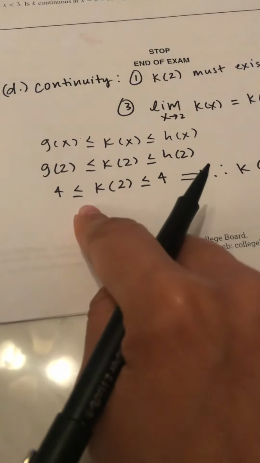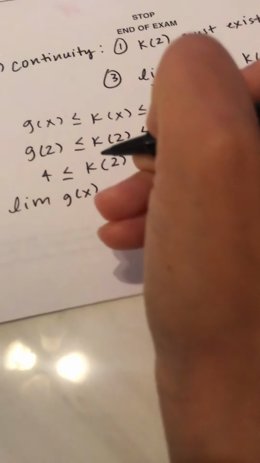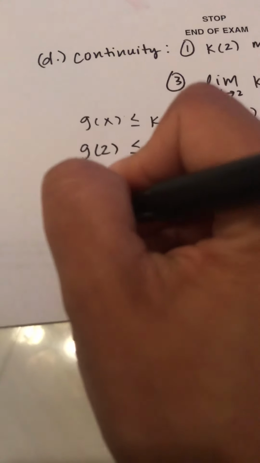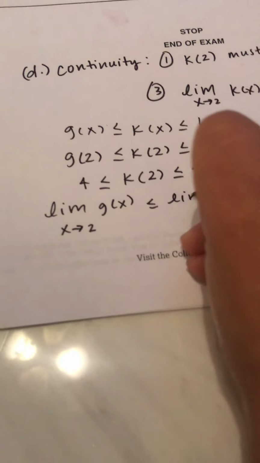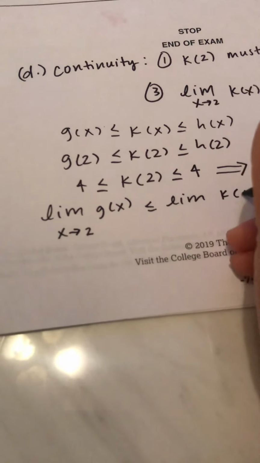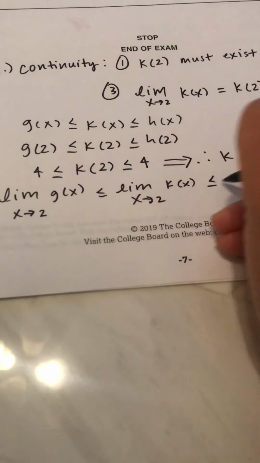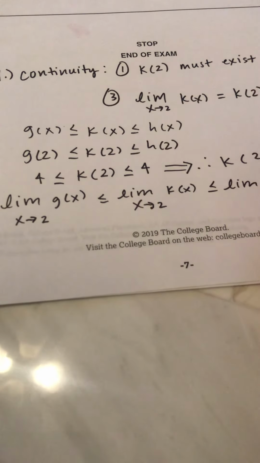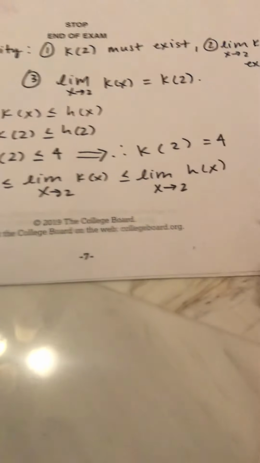And since this is true, we also know that the limit of g of x as x approaches 2 is less than or equal to the limit of k of x as x approaches 2, which is less than or equal to the limit of h of x as x approaches 2.